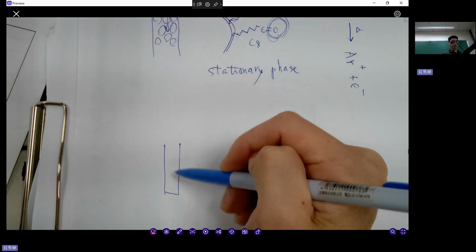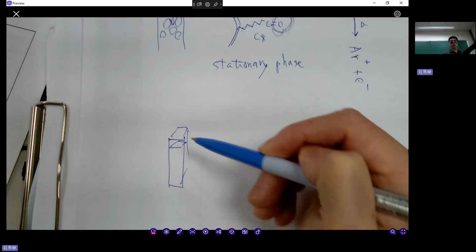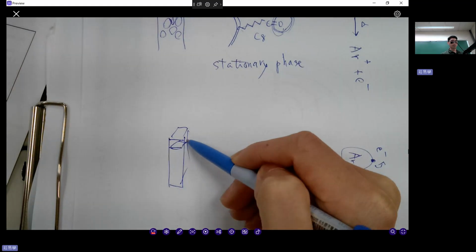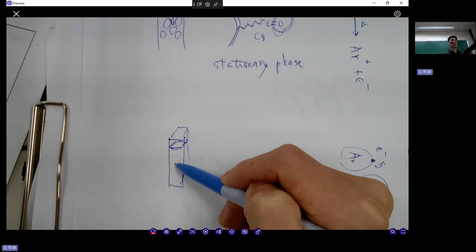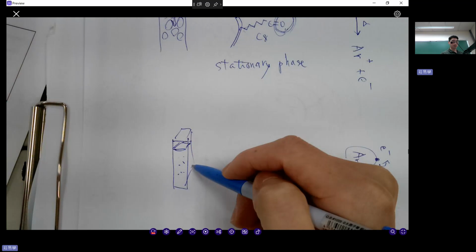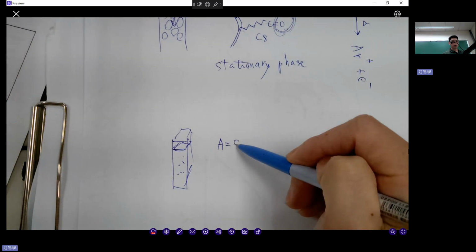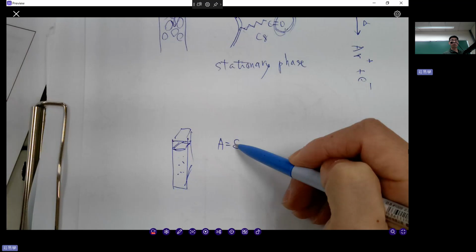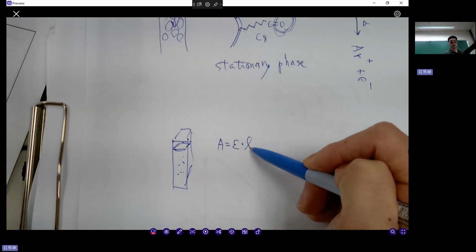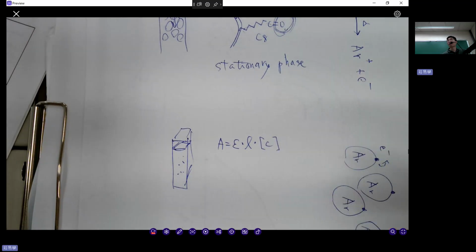So this is a sample cell, and if the sample has only one compound inside, we know that the absorbance is proportional to the molar absorption coefficient of your compound, the light path length, and the concentration of your compound, right?